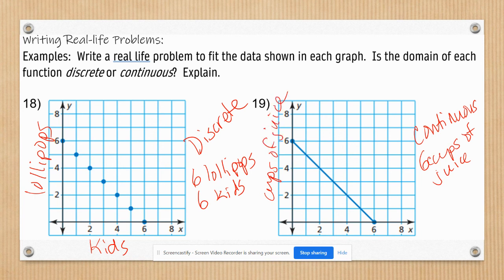Remember, you can choose to drink a whole cup or not a full cup. And this is the number of hours that we're drinking our cups of juice. So we can drink a third of a cup in 20 minutes. We can drink an eighth of a cup in 5 minutes or whatever. So that's why, because we can have different pieces and parts, it's continuous and we connected these dots.